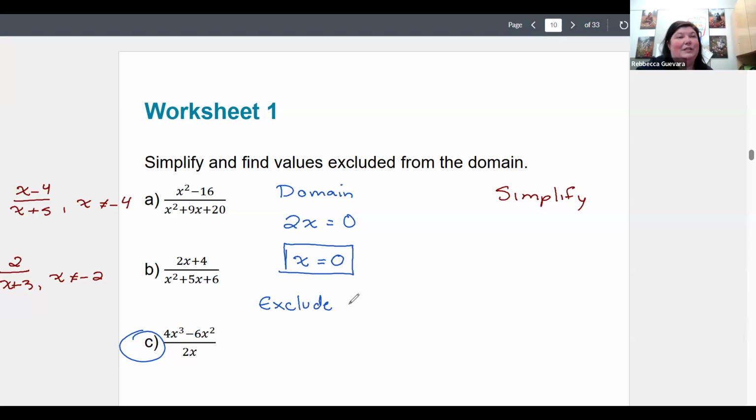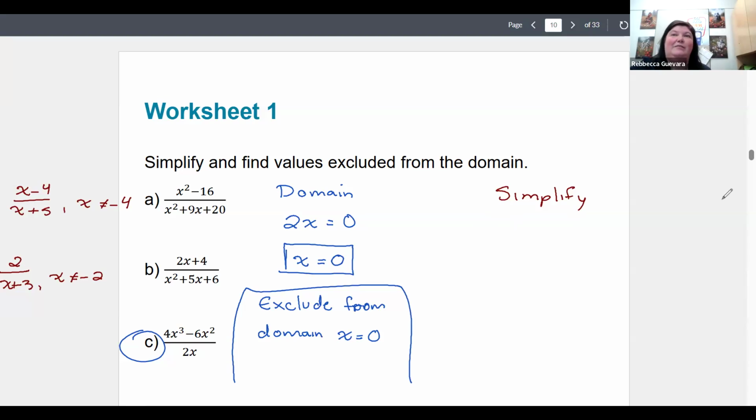My excluded value, excluded from the domain, is x equals 0. That's the only thing I have to worry about, because if x is 0, the denominator is 0.